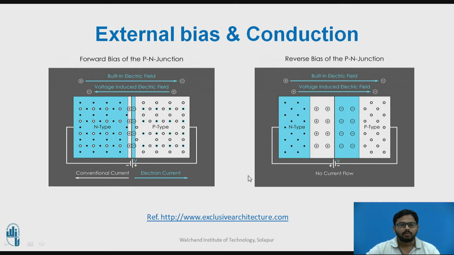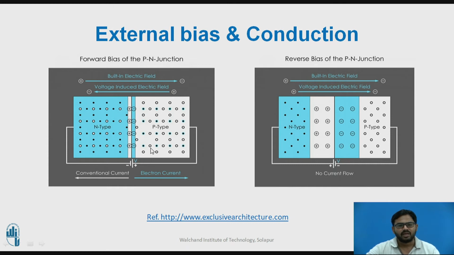What happens when you apply an external bias? External bias means applying an external voltage to the PN junction diode. When we apply the voltage in such a direction that the battery positive is connected to the P type and the battery negative is connected to the N type, it forms a forward biased PN junction.